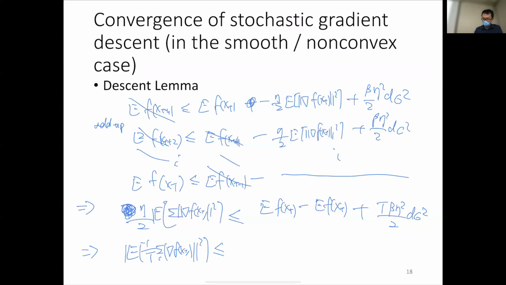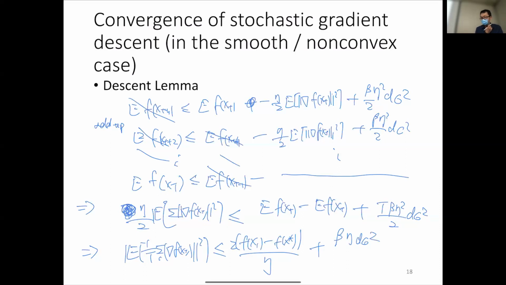And on the right-hand side, we have f of x_1 minus f of x star, the optimal solution, over t eta, multiplied by 2. And then the last term, since I've divided both sides by t times eta, we'll get just beta and one copy of eta and d sigma square.